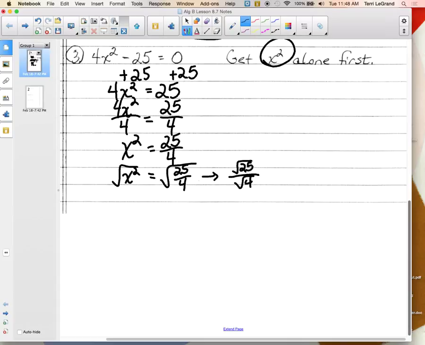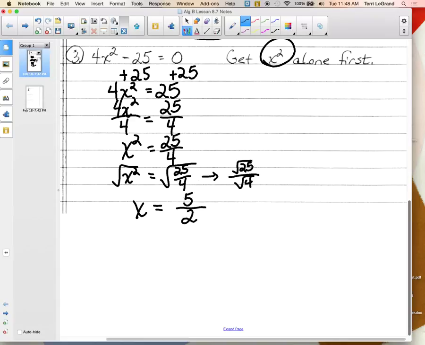When you're taking the square root of a fraction, the numerator can have the radical sign and so can the denominator. Or in other words, what we're looking for is what times itself gives you 25 fourths. 5 halves. So we're going to say x is equal to the square root of 25, which is 5, over the square root of 4, which is 2.